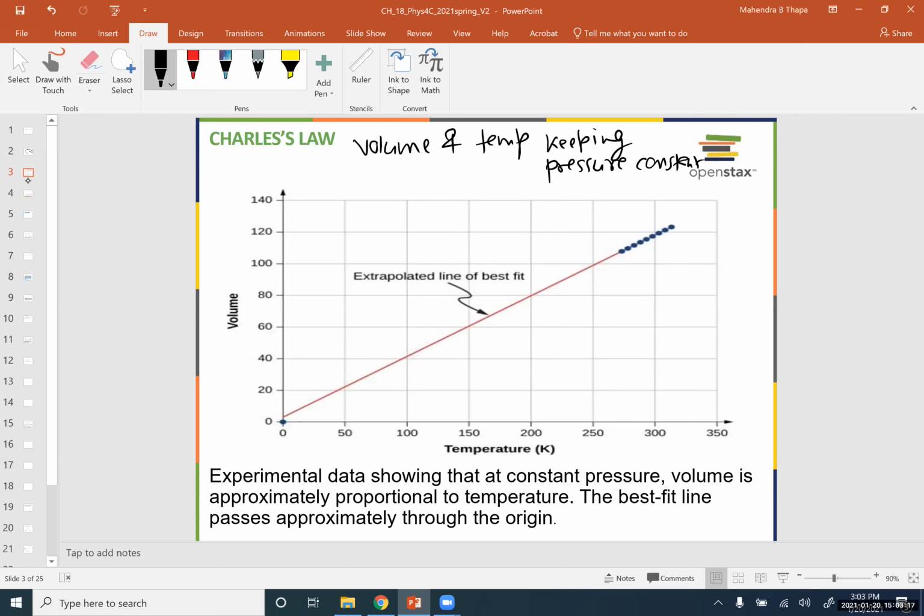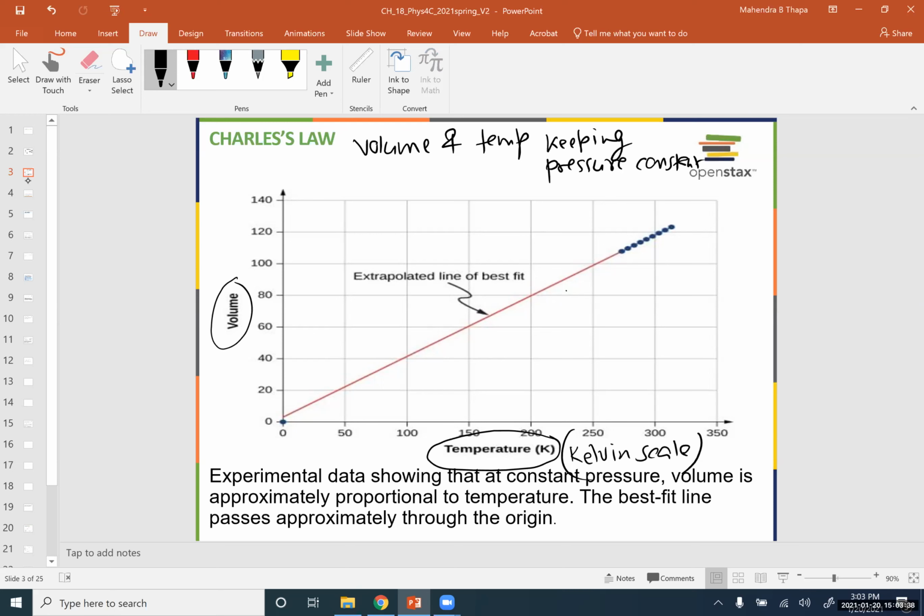In the plot, along the x-axis we plotted the temperature, but be careful, temperature should be in the Kelvin scale, and along the y-axis we plotted the volume. If we plot this, we get a straight line.